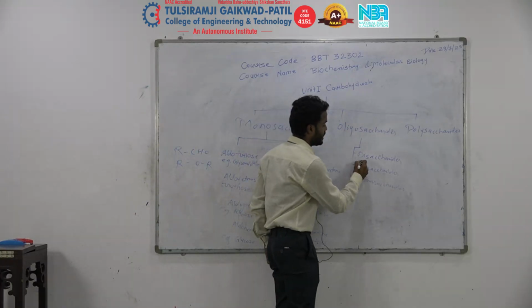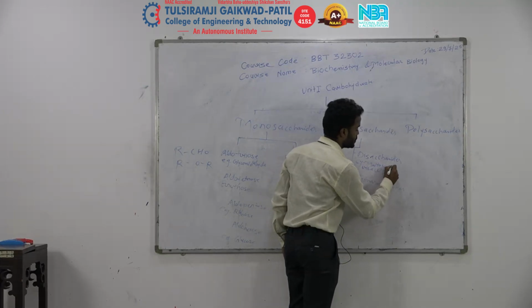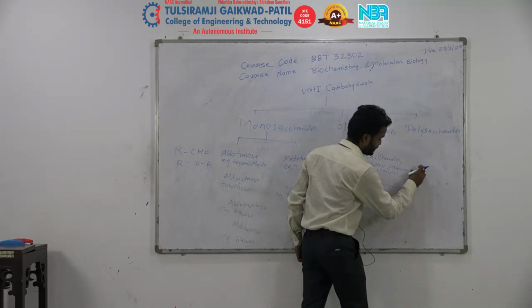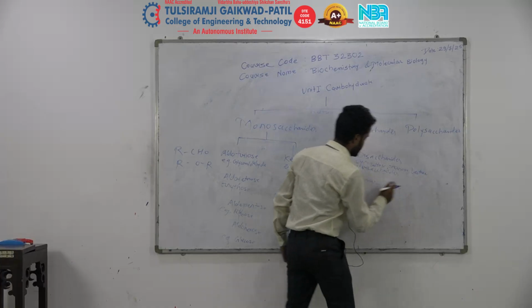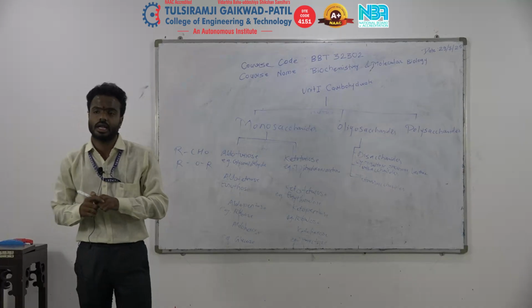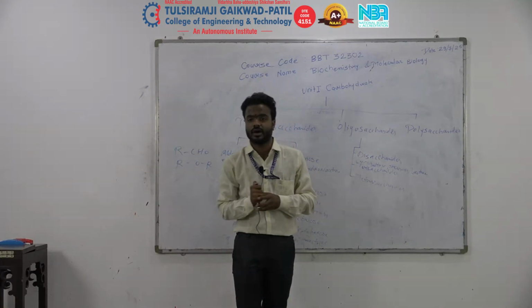Well-known examples of disaccharides are maltose, sucrose, and lactose. Lactose is a common sugar found in dairy and dairy products.